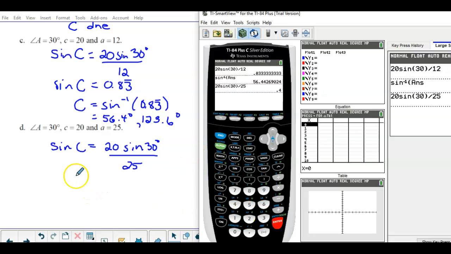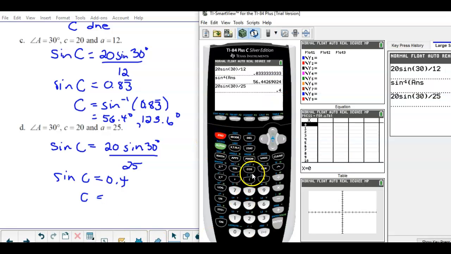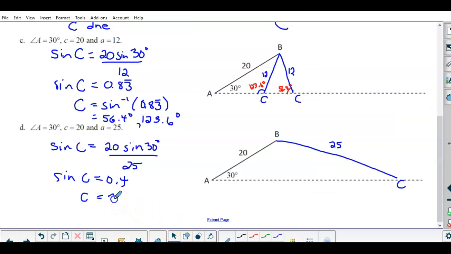Okay, we get a value less than 1. So C equals, and then second sine of that answer is 23.6. Okay, and that's 23.6.